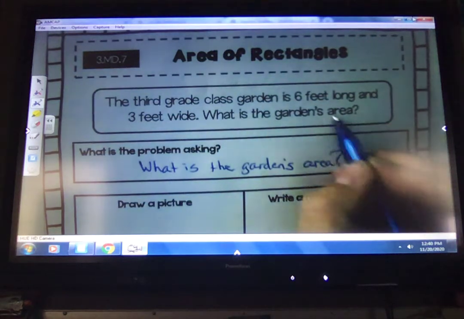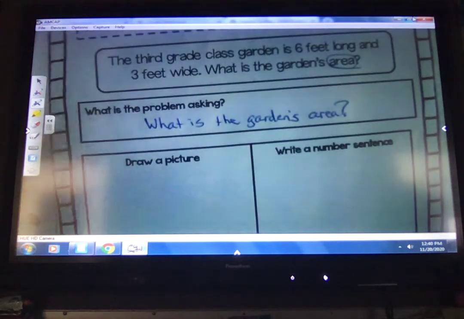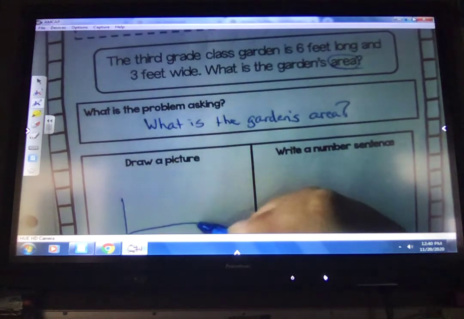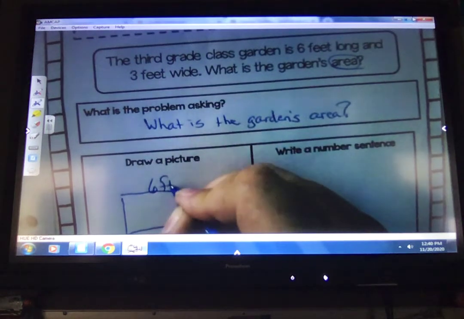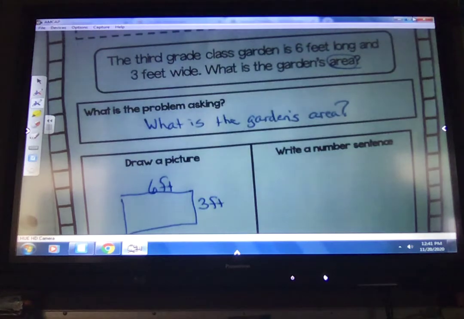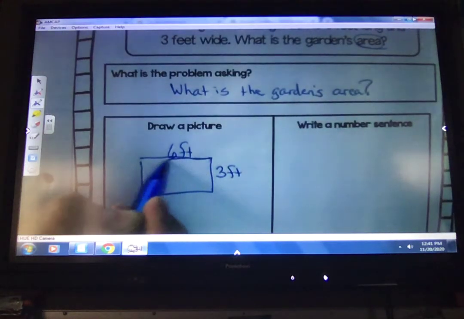I'm going to circle that word area because that tells me how to solve the problem. To get the area, we have to multiply. So draw a picture. This is my garden. The long side is 6 feet, FT for feet. The short side is 3 feet, FT for feet. So I have my length and my width. My lines are not very straight though, are they?